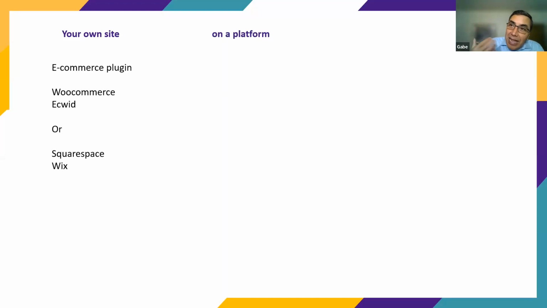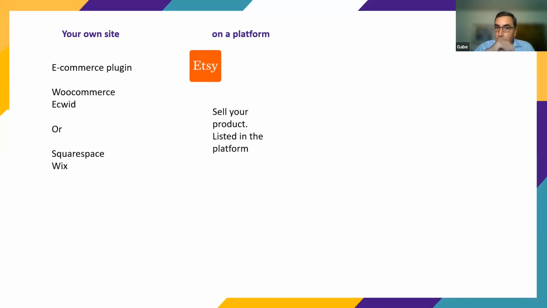Or you can use a platform that sells your item, like Etsy, right? With Etsy you don't create your website. You just go into Etsy, and Etsy allows you to sell your product. Or maybe you go to Amazon and you sell your product.